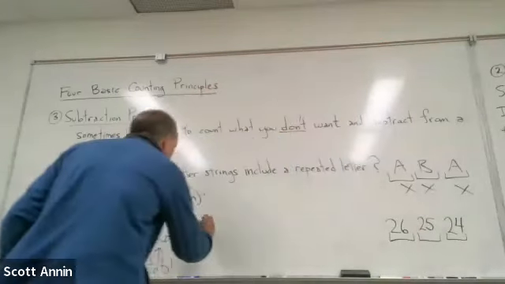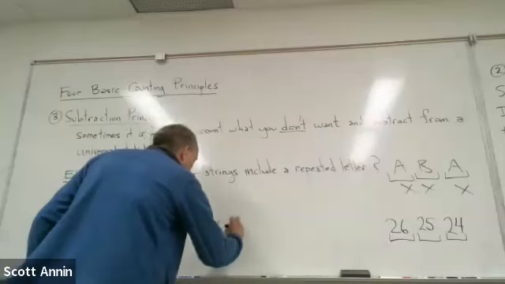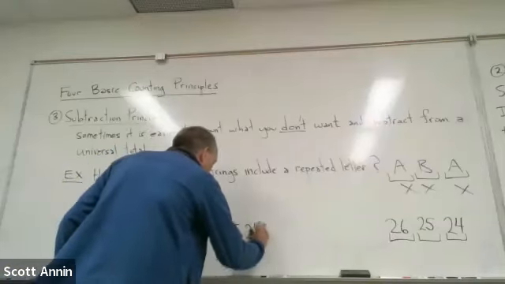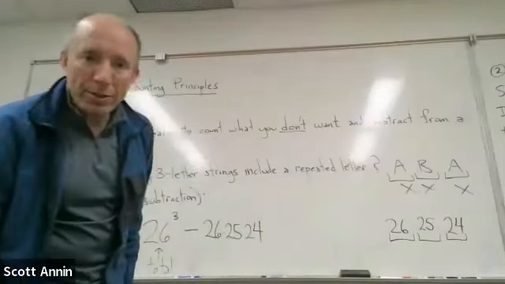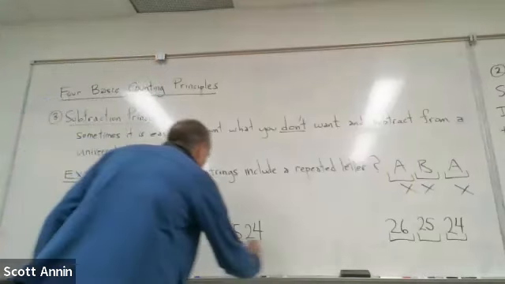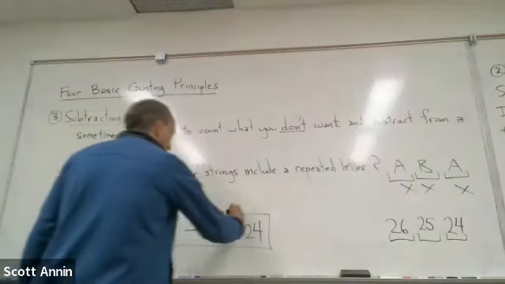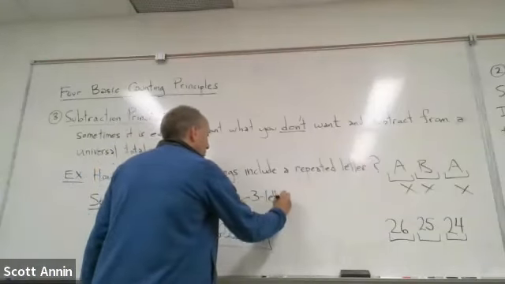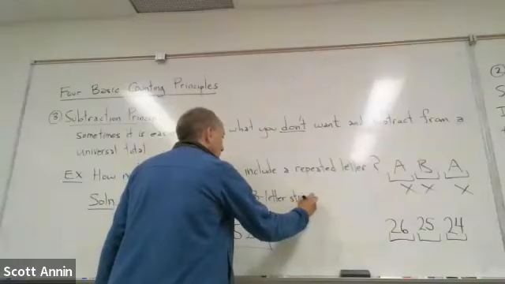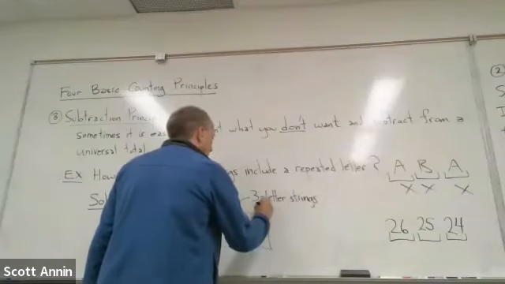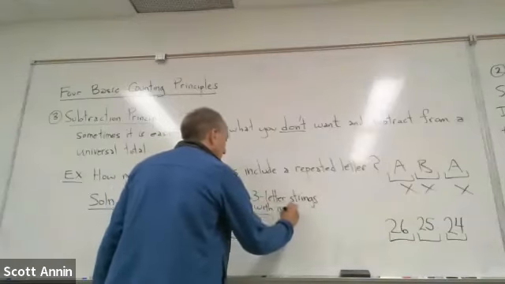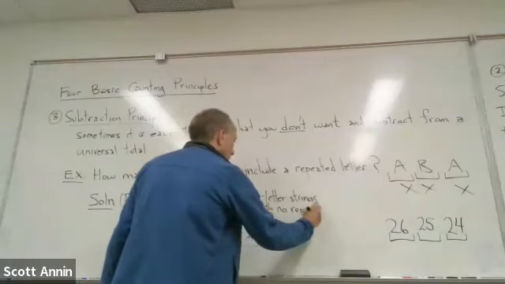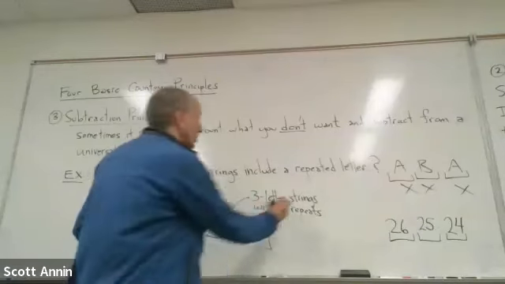And so in fact, that is exactly the right amount to subtract off in coming up with our answer. So the answer would literally just be this difference right here. What we're subtracting are 3-letter strings with no repeats whatsoever, right?